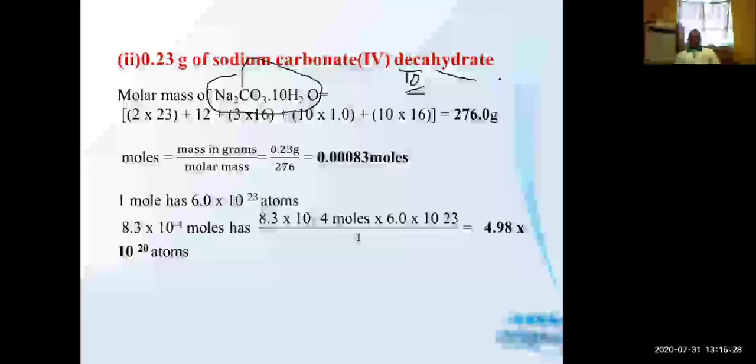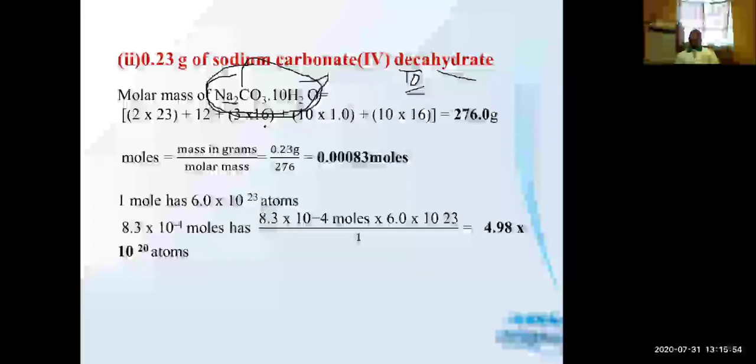Hydrate means there is water of crystallization. So it has 10 moles of water of crystallization plus this sodium carbonate. So first of all, to get the number of atoms present here, you have to calculate the moles of this.